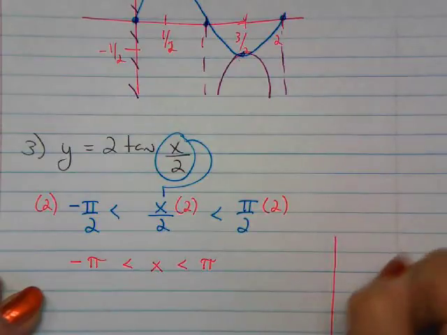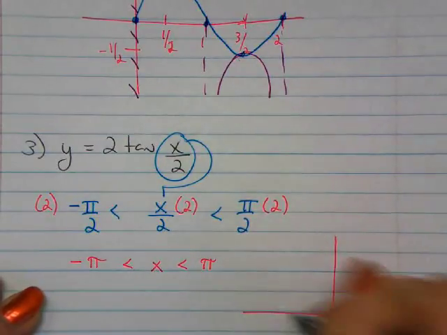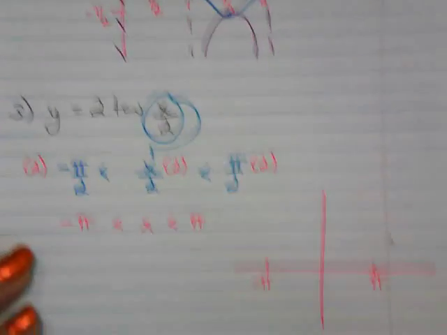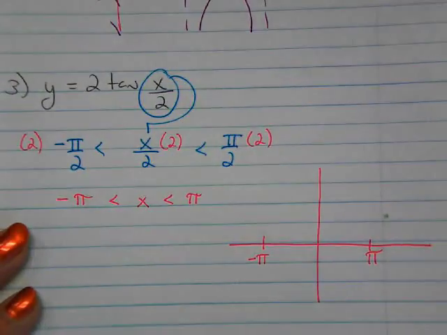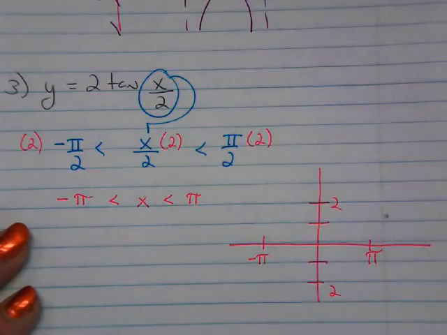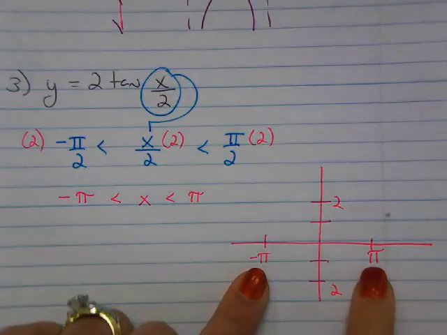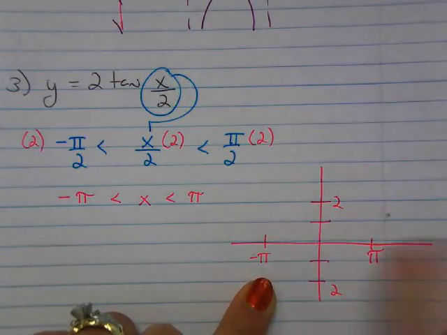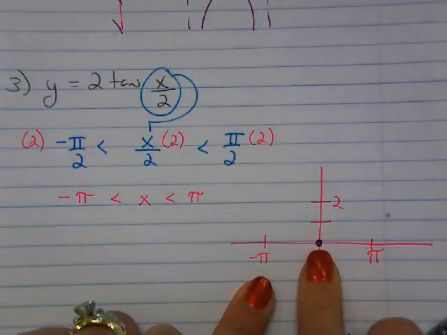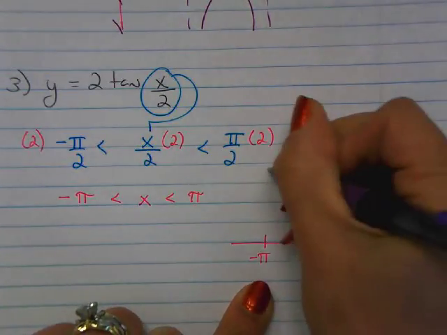We are ready to jump over to graph. So negative pi to pi. Now if you remember, we subdivided this. So I said, what is halfway between negative pi and pi? 0. And that's where you put your x-intercept. These became your vertical limits.